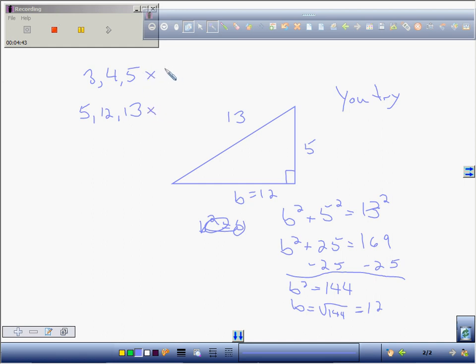So if I multiplied 3, 4, 5 by 2, 6, 8, 10 would also work in the Pythagorean theorem. As would if I multiplied 5, 12, 13 by 3, and I got 15, 36, 39. 15 squared plus 36 squared would equal 39 squared, okay? And those are called triples.